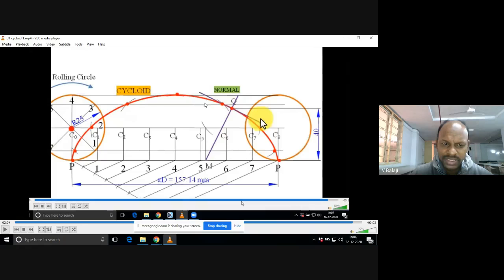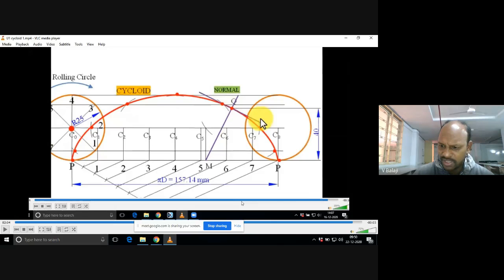But in case of epicycloid, all these lines become circular arcs, because the horizontal ground PP becomes a curved path. Then we will get the required epicycloid.